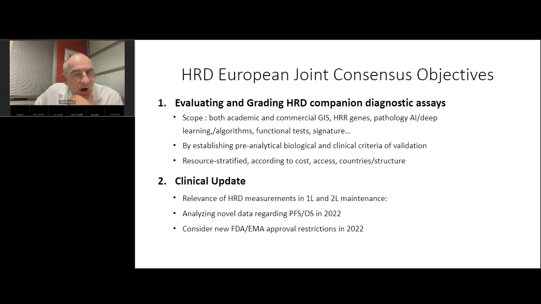For the clinical update, we will use new data from long-term results of data on PFS and OS in phase 3 trials, and also consider new approvals or modulation of FDA or EMA approval.